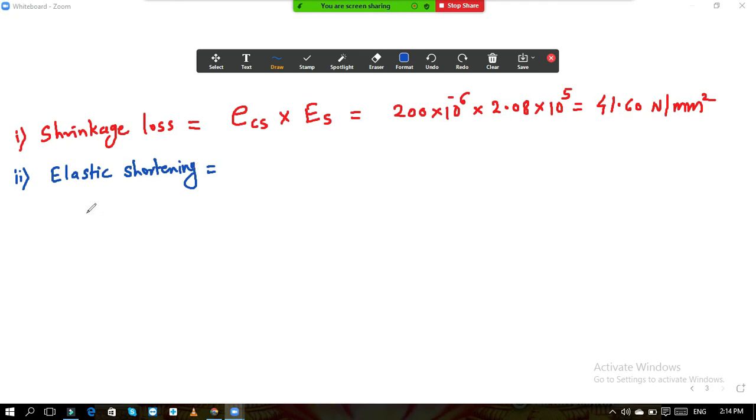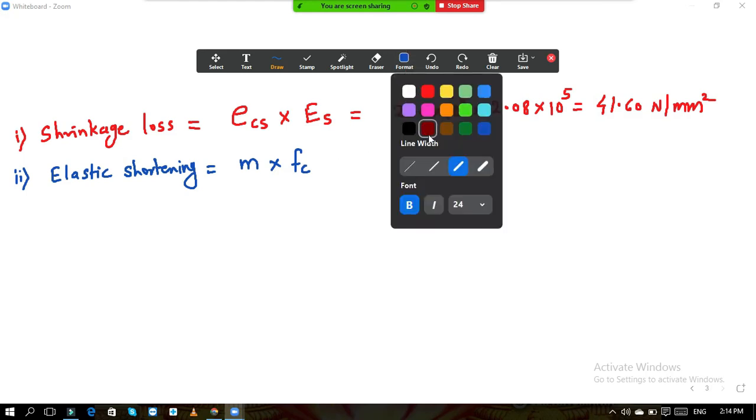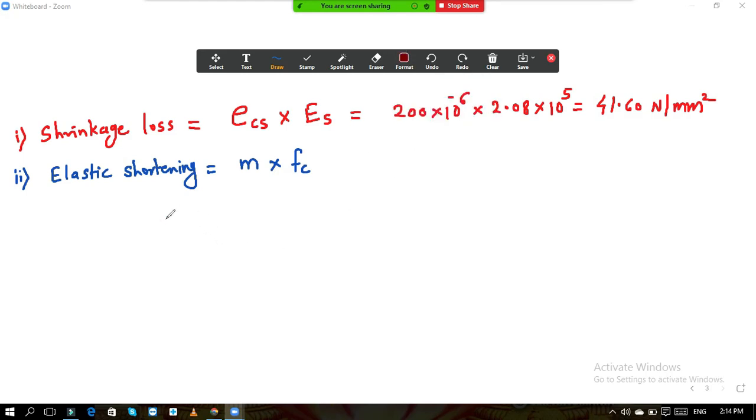The formula for elastic shortening is m into Fc. Now we need to calculate the value of this Fc. What is the Fc? Fc is the stress in concrete at the level of steel.